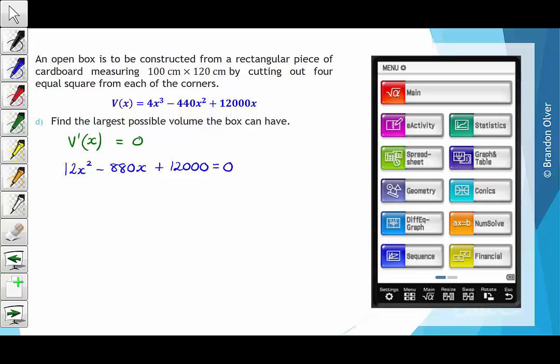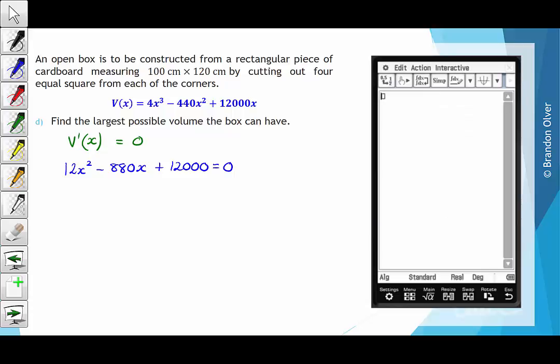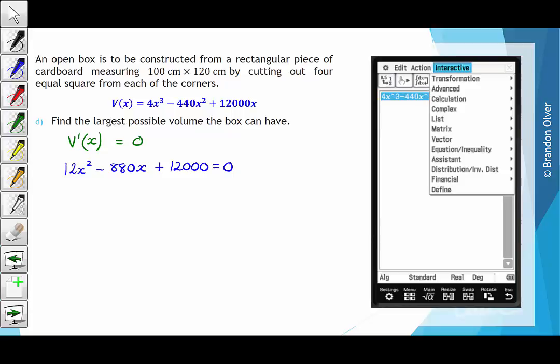On the CAS calculator, go into the main menu. Here we can enter our expression for v of x, which we found previously to be 4x to the power of 3 subtract 440x to the power of 2 plus 12,000x. If we highlight that, we can define it.